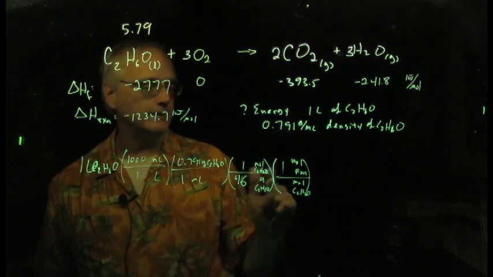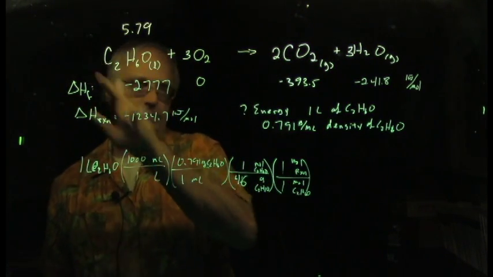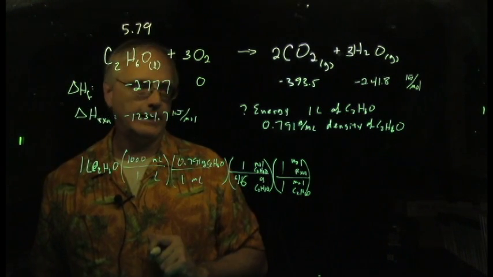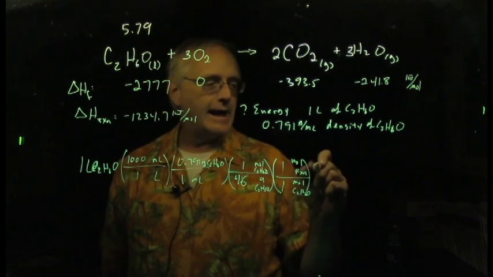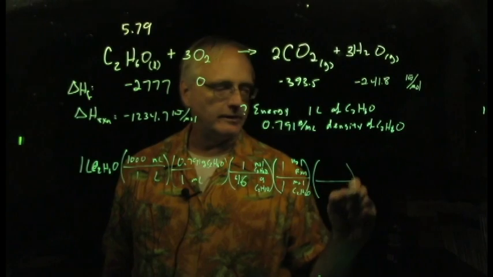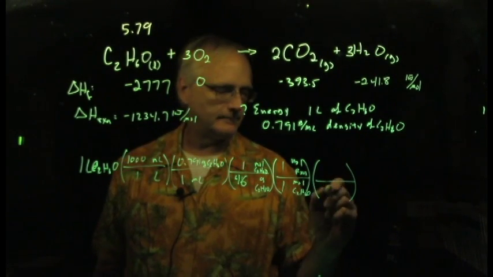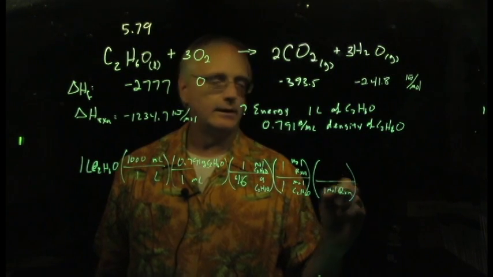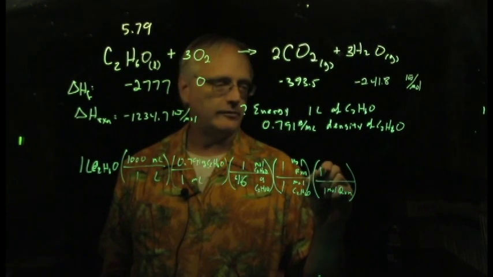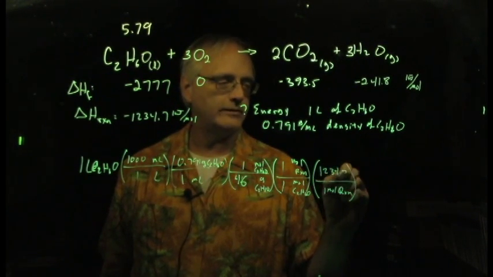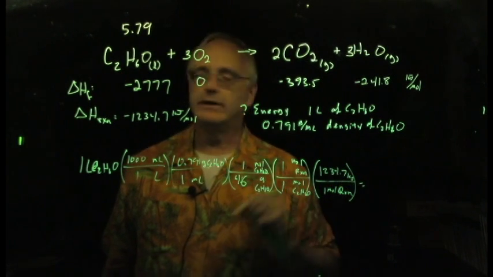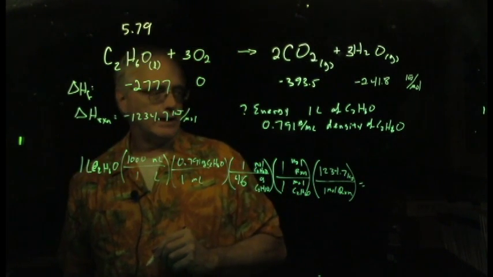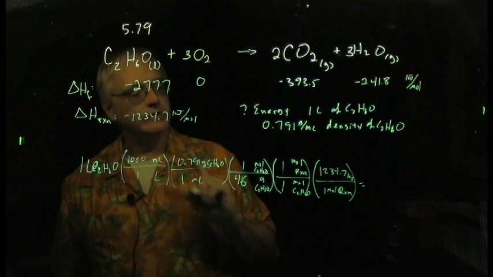That is this one here. And so 1 mole of ethanol is involved in 1 mole of reaction. And then that allows me to use that. 1 mole of reaction gives me 1,234.7 kilojoules of energy. And I'm going to address the negative sign in just a second.